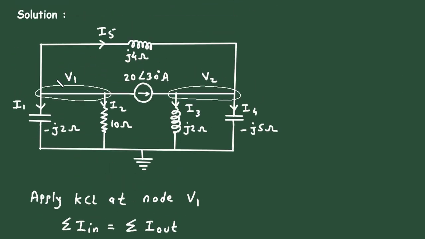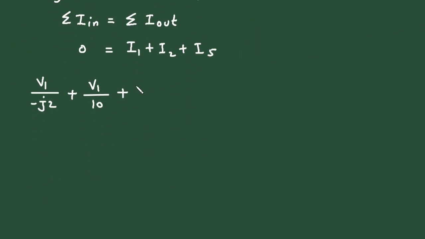This I5 is V1 minus V2 divided by J4. Now it is equal to 0.